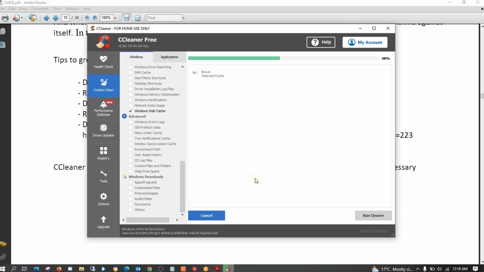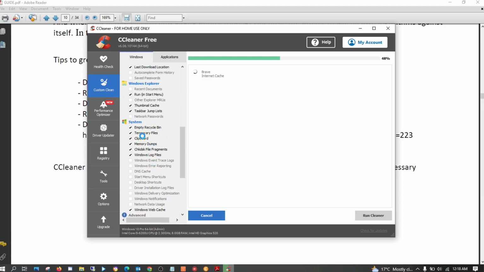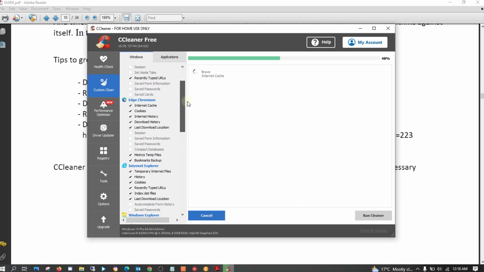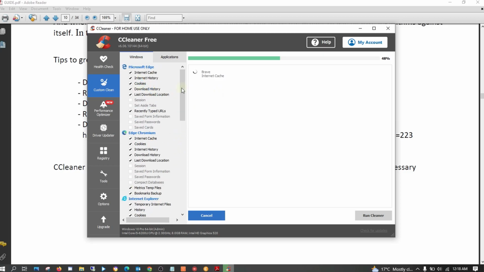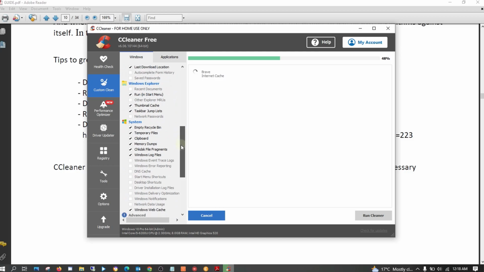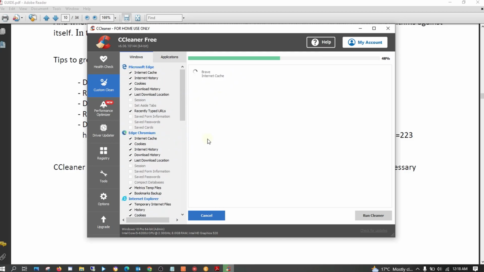After clicking custom clean, you analyze. Now it will analyze everything, all the cookies that are there, everything that is highlighted here. You see, these are cookies. Each and every browser has its cookies, and then temporary files. Now it will analyze everything, and then you will run the CCleaner so that it cleans everything. I'll just pause this video so that it analyzes, and I'll be back.